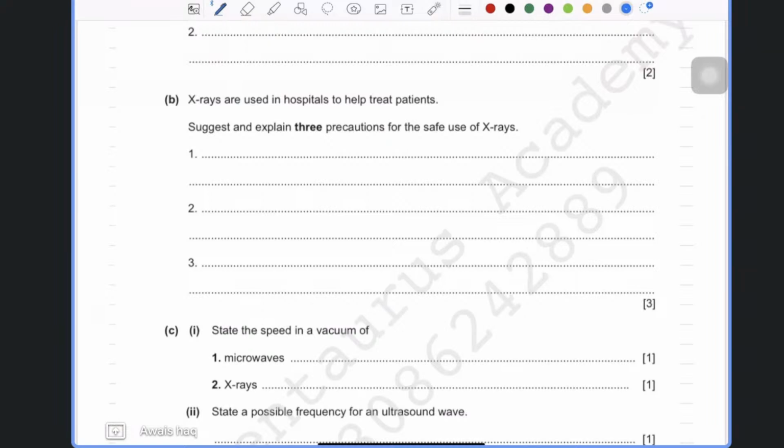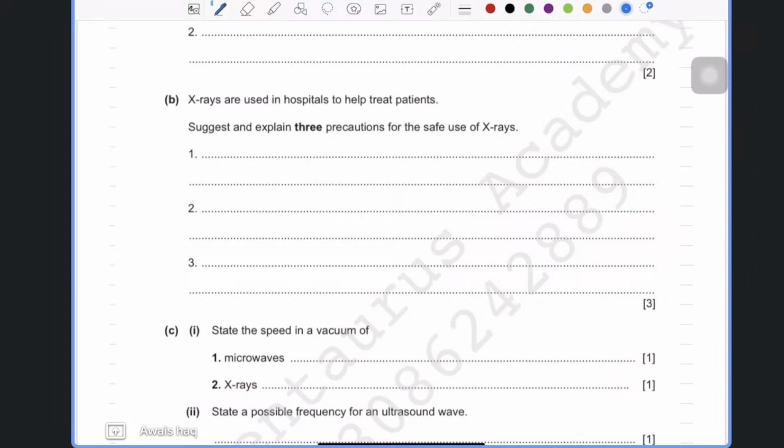And then it says X-rays are used in hospitals to treat patients. Suggest and explain 3 precautions. So the precautions are that you should not be exposed to them for very long. This part we will also do in radioactivity, which is the last chapter. So I'm just going to tell you right now that you have to keep minimum exposure.